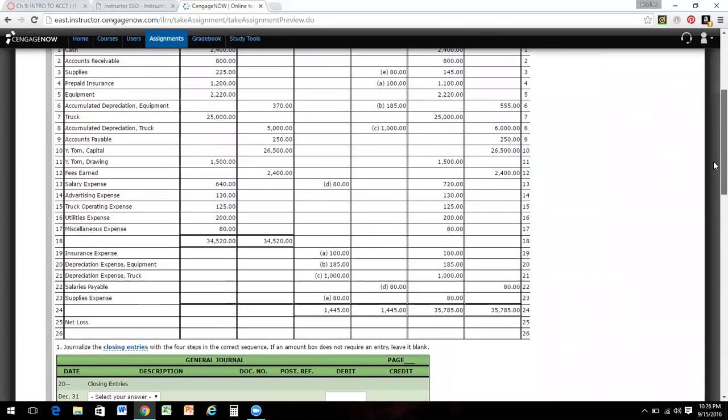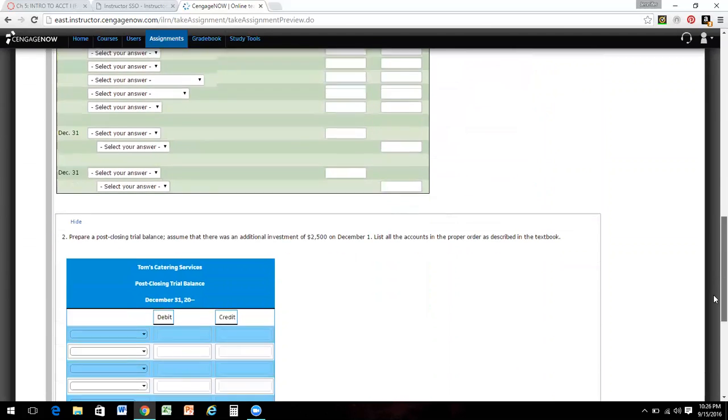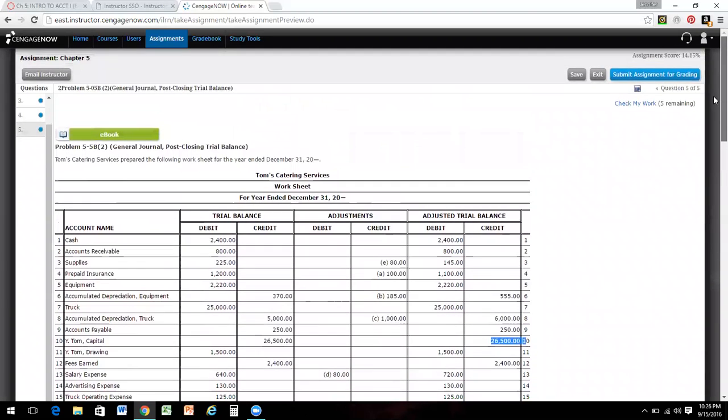Your ending capital account, you may have to do some math to figure out what is your ending capital account after you've made these adjustments, these journal entries to it. So do not use this number because that is not accurate, because you're going to make some adjustments to it in those closing entries. So a little bit more challenging problem, the last 2.